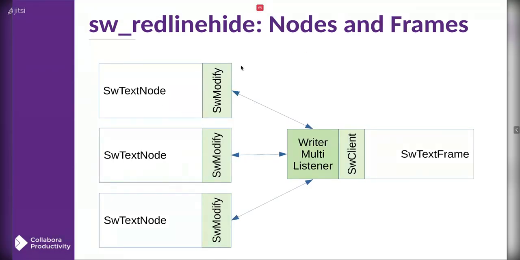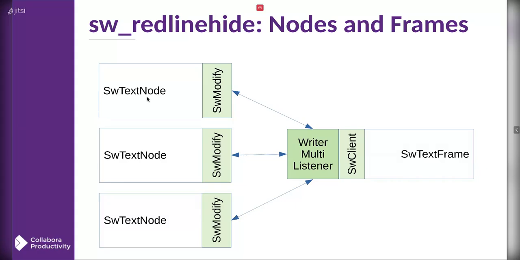So how does the multi-listener work? In the general case now, if you have a merge paragraph, previously the text frame was only associated with one SwTextNode, but now it can be associated with multiple SwTextNodes. The listener relationship is implemented via SwClient in the SwTextFrame, which is listening on the SwModify of the text node.